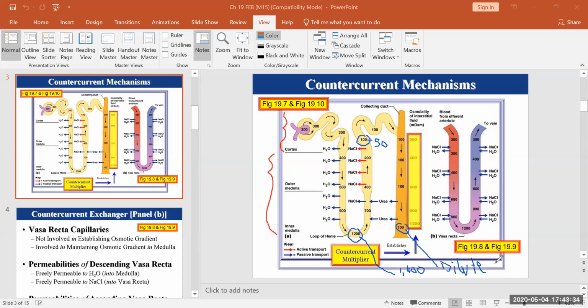And the only reason why the countercurrent multiplier, meaning the loop of Henle, can do that is because of this.